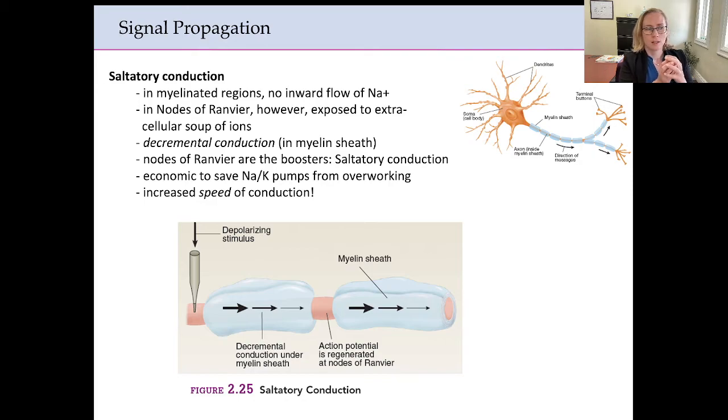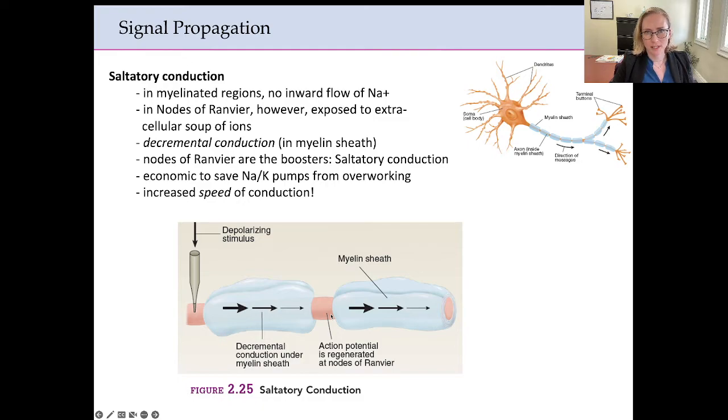But if you wanted to send it down, let's say a 2 meter long, or no, 2 meters is a little big. Let's just say, I'm really bad at estimating things. A really long axon. If you want to send the signal down a really long axon and you insulated the entire thing, it would be slower than if you broke it up and allowed it to get a little speed boost at the node of Ranvier.